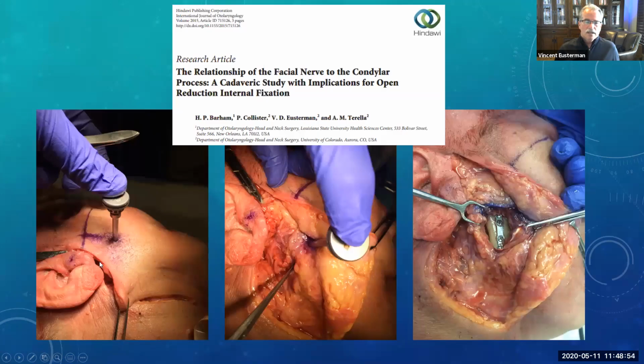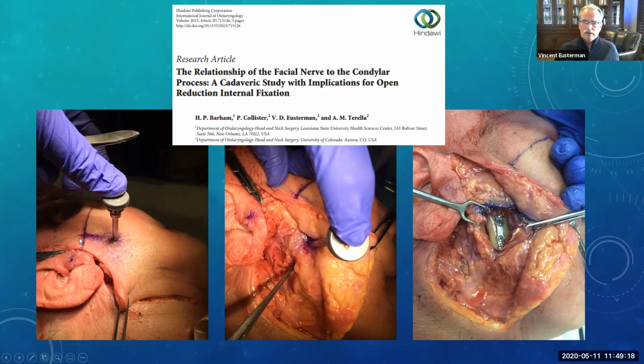We actually did a percutaneous evaluation for the facial nerve and wrote this up regarding measuring 2 centimeters forward of the tragus to the lateral canthus of the eye on a horizontal plane. It's not really the Frankfurt horizontal, but it's from the canthus to the tragus.